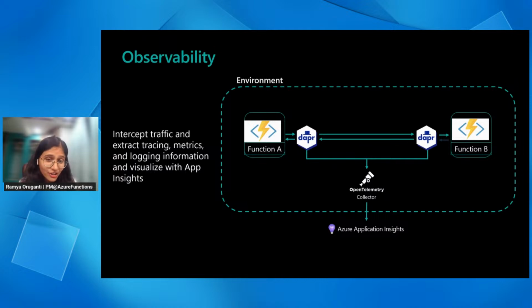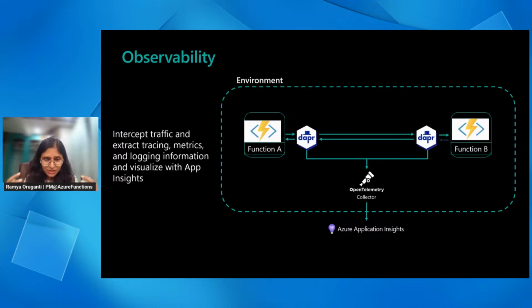It's a nice addition to the service invocation and PubSub API. You would love to look at how function apps are getting invoked, what the requests executed per second are, and how the traffic is. You want to look at the logs, right? Dapr uses the OpenTelemetry collector, which is automatically deployed and configured in an ACA environment. This component is able to push the end-to-end traces of all of the apps that are enabled with Dapr.